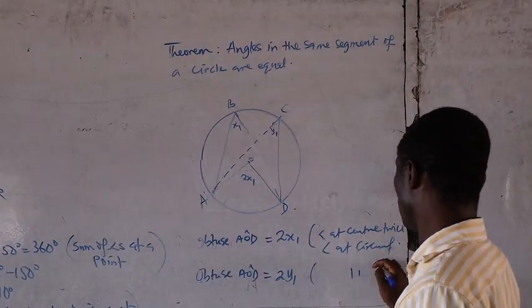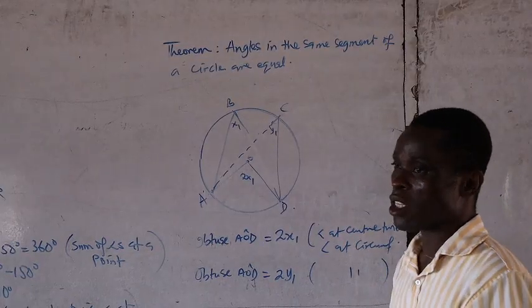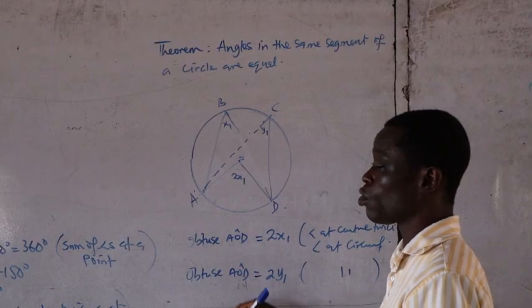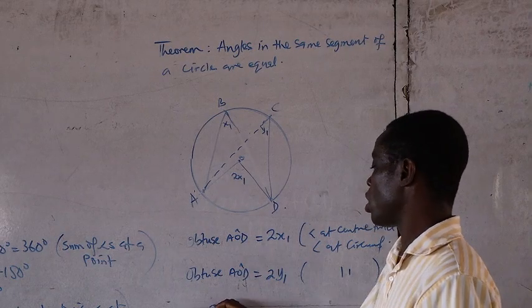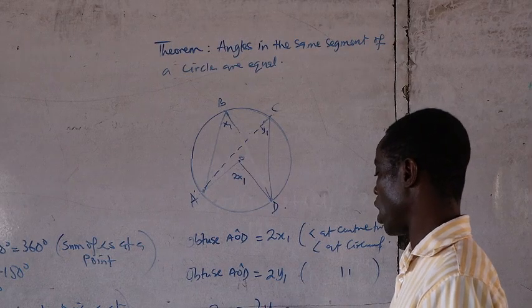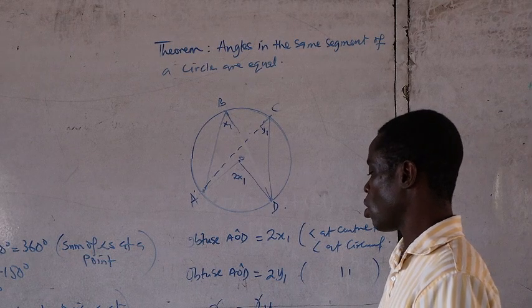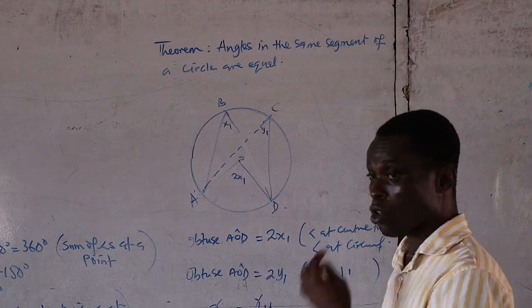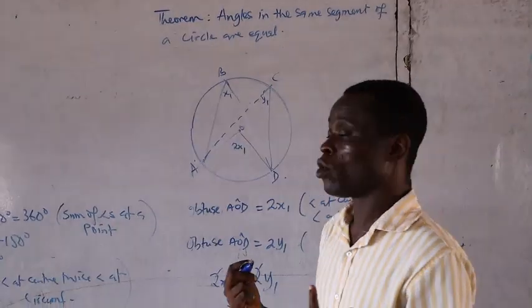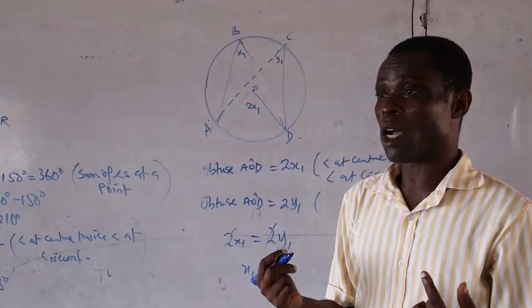So the same reason, angle at center twice angle at circumference. And don't forget that both AOD that we have in the two are equal. So we can take 2x1 and say it is equal to 2y1. So if 2 cancels 2, what is left is x1 equals y1. And that shows that the angles in the same segment are equal.